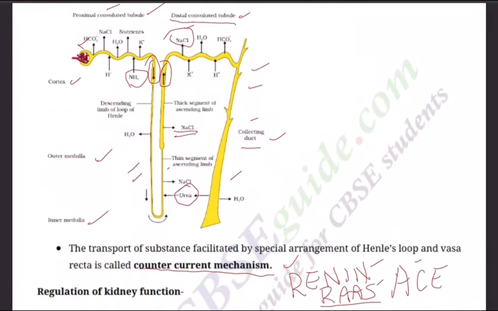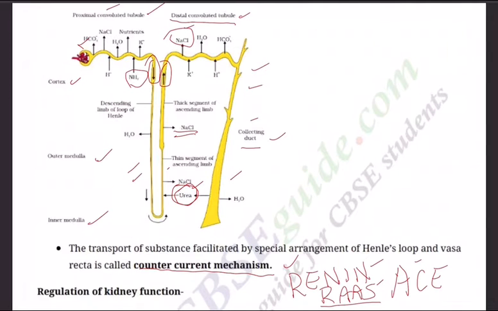Similarly, small amounts of urea enter the thin segment of the ascending limb of Henle, which is transported back to the medullary interstitial fluid by the CD, collecting duct. As you are seeing, the arrow marks indicate which one is going out and which one is coming in.